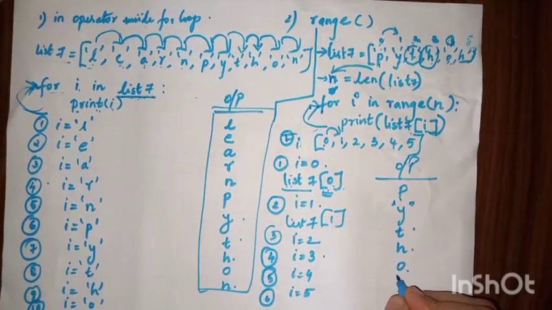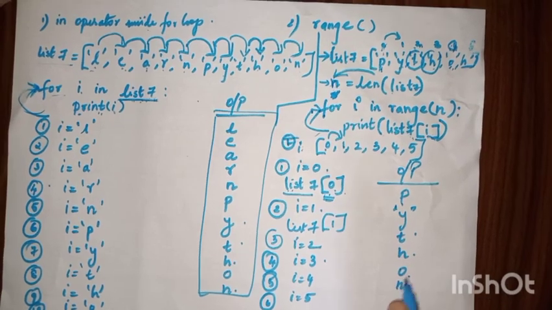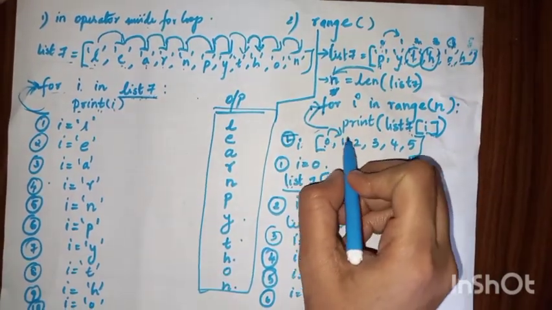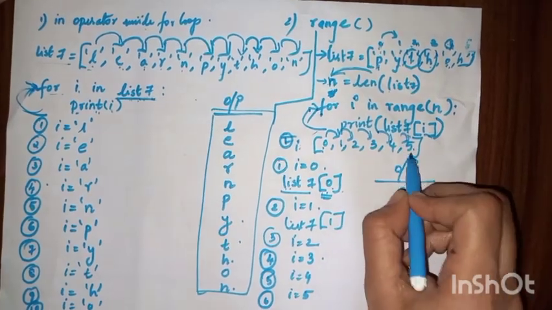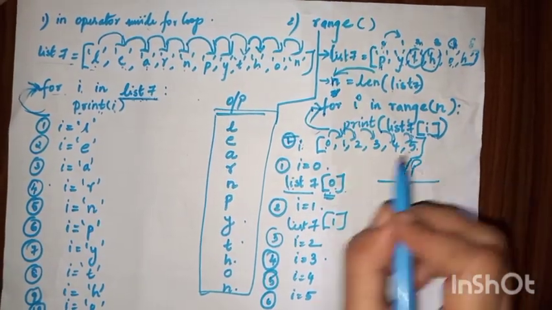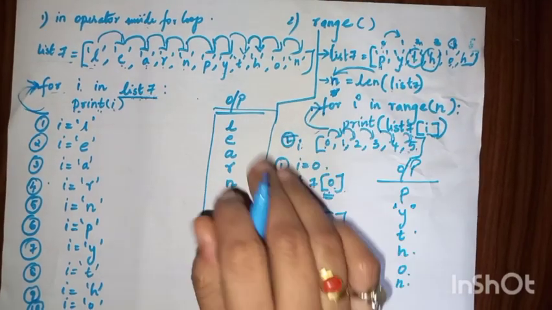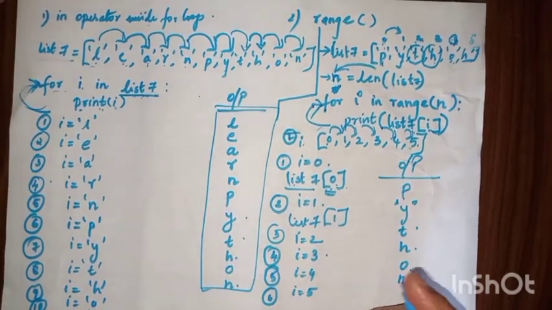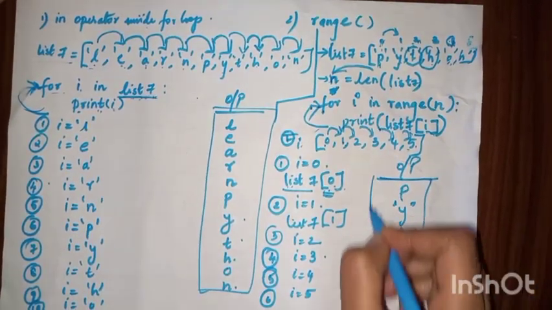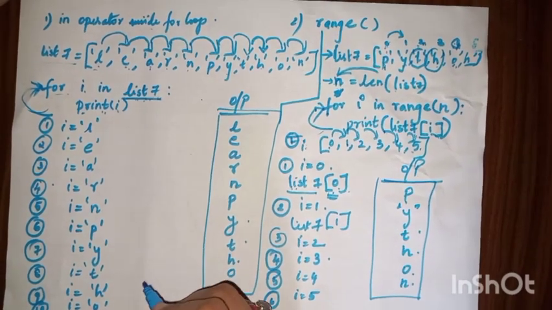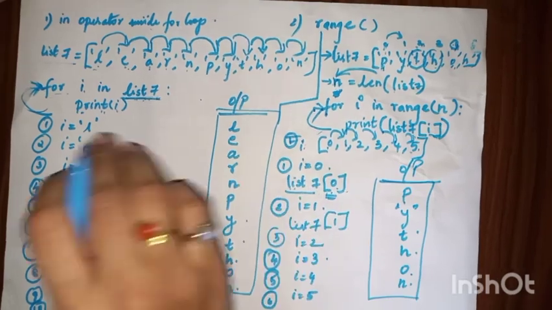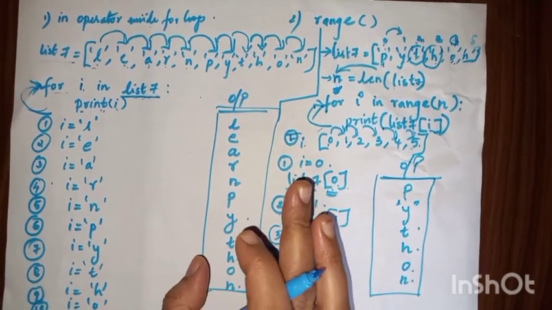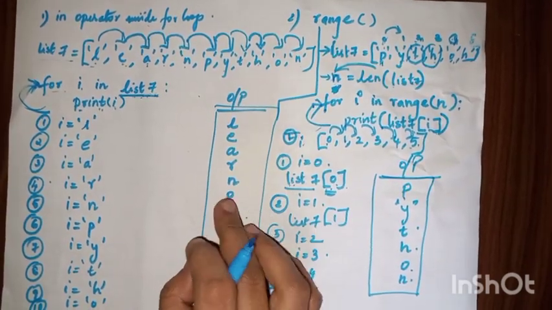So, it is printed as N. Again, no value is left for i. So, the for loop stops its execution and the final output is obtained like this. So this is how traversing in a list takes place.